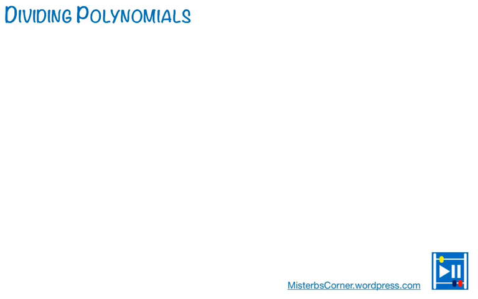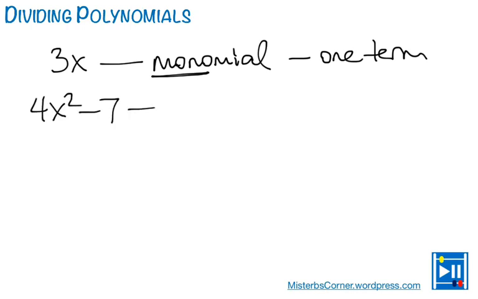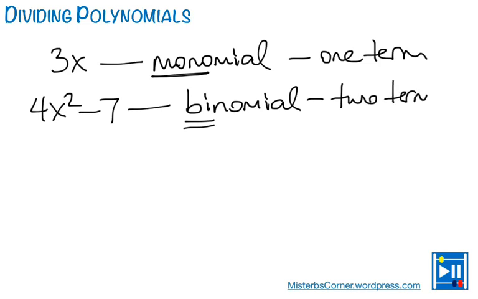Now, if I have 3x, this is called a monomial, as mono being 1. So this is monomial, meaning one term. And if I have 4x squared minus 7, then this is called a binomial, bi being 2, so this is 2 terms. We're going to see this term again in a few chapters in binomial expansion, so it's about the expansion of two-term expressions, basically.